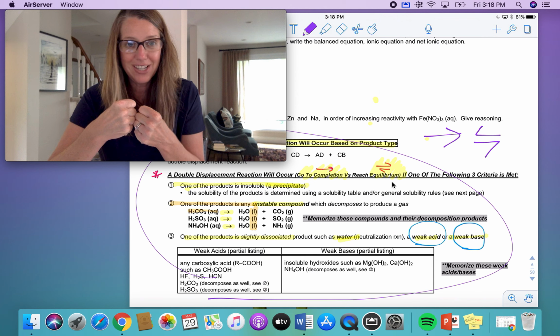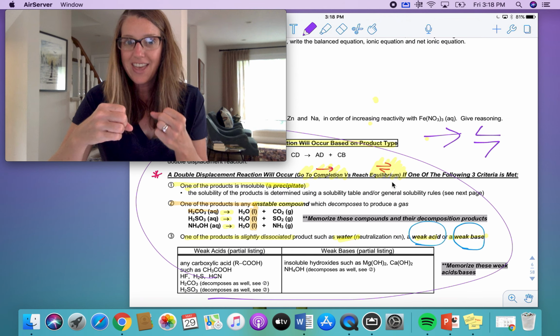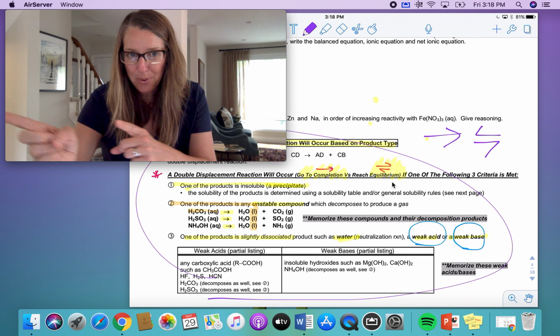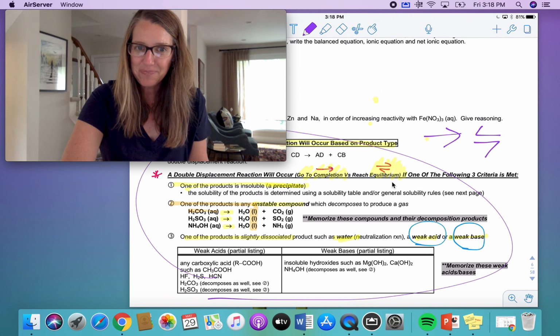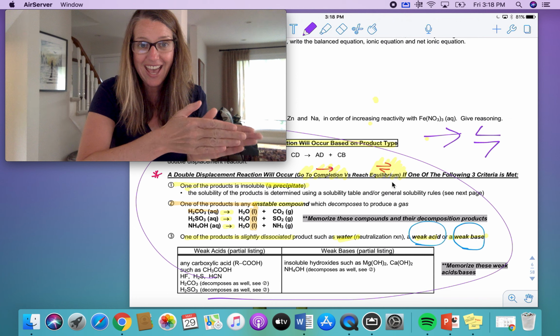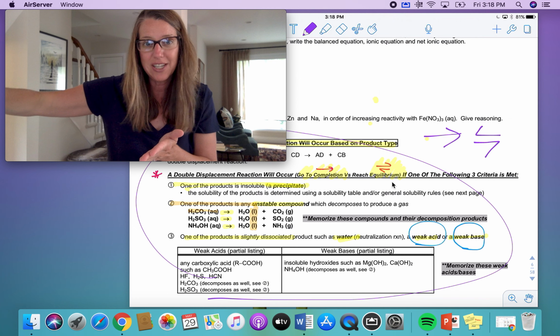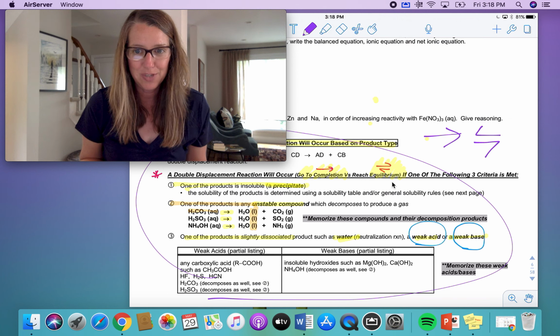They're not available in solution. If the ions were available in a solution, then they're available to be able to get pushed into an equilibrium and go the other way. Does that make sense? So, does a displacement reaction occur? Do you get reactants and products, everything going to completion? You do if one of the products is insoluble because you make a precipitate.